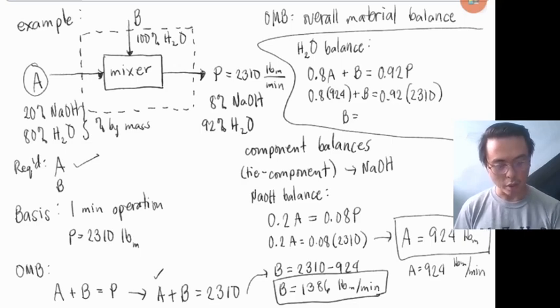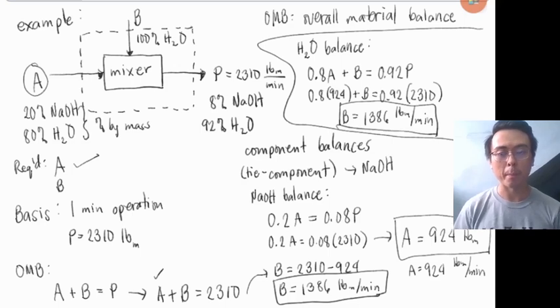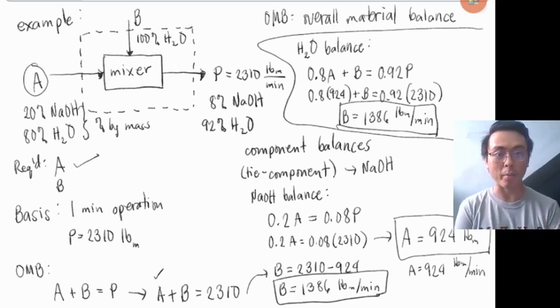Okay. We arrive at 1,386 pounds mass per minute, which is the exact same answer we obtained using the overall material balance or the OMB. You see here, it does not matter if you go back to the OMB or if you try another method. If your answer is correct, every equation should be correct as well.